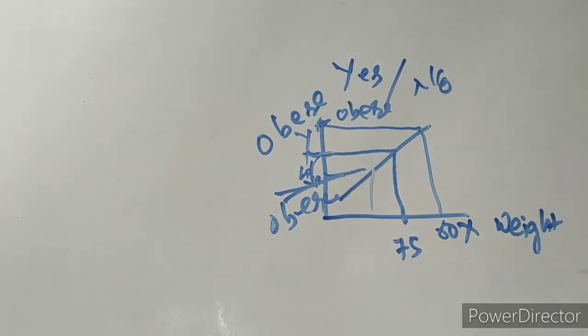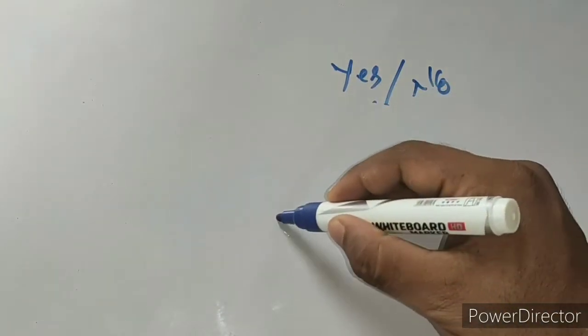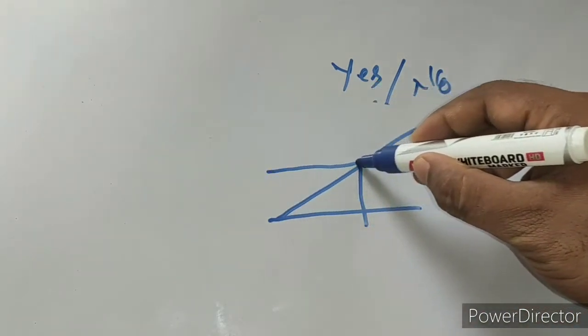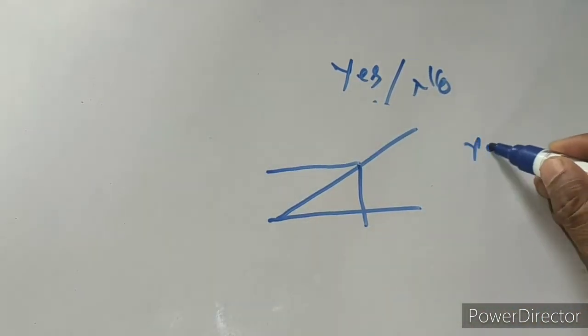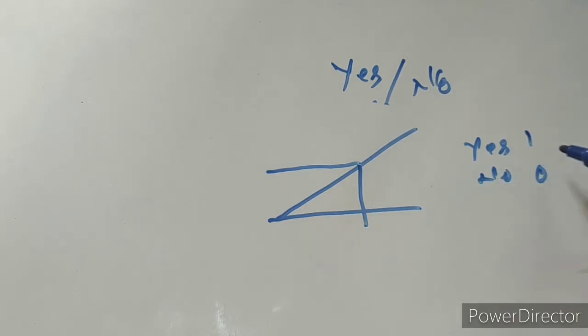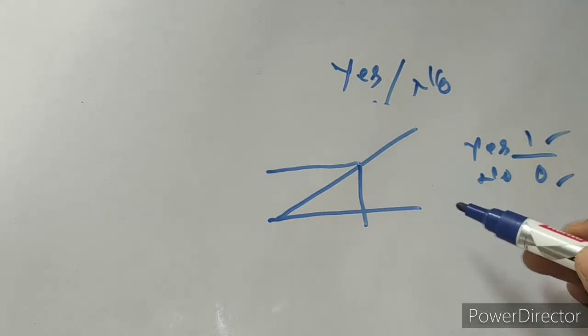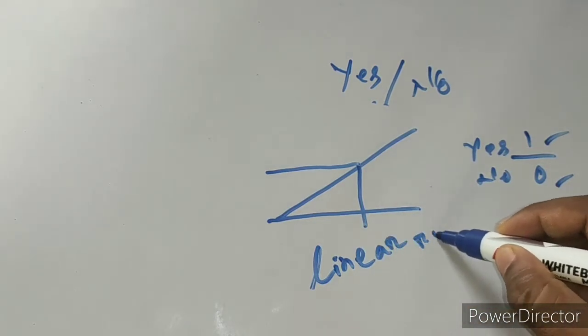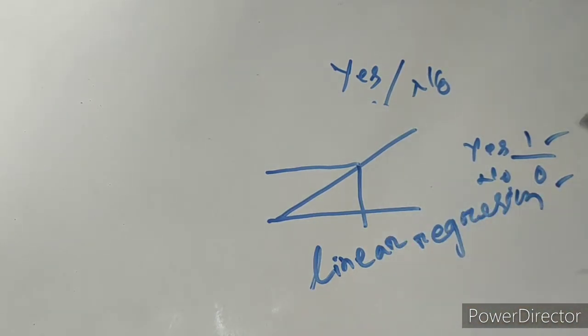So this method, finding a best fit line, identifying its respective y and classifying it to yes, no, 1, 0, mathematically 1 means yes, 0 means no. So finding such labels using linear regression is quite possible here. Then the question is, why are we using logistic regression?